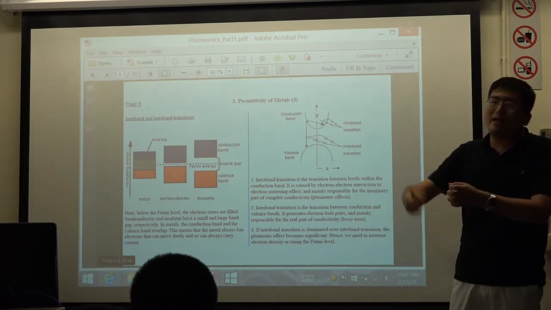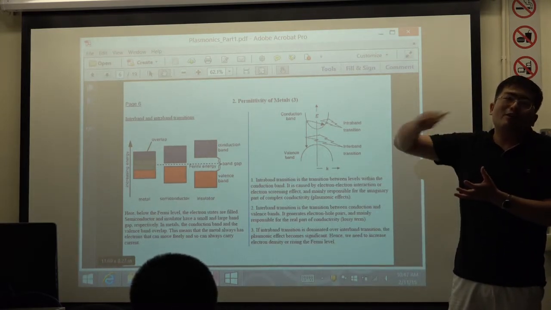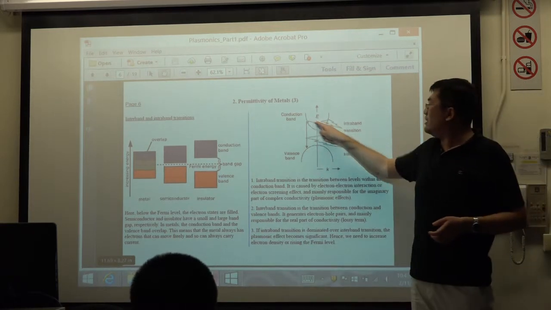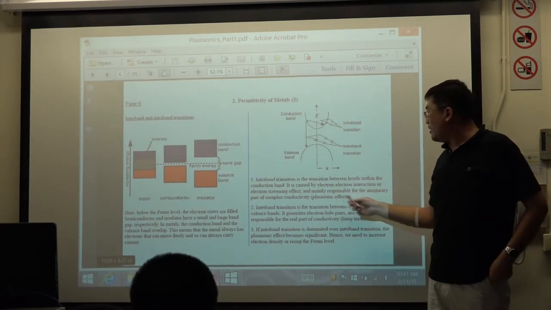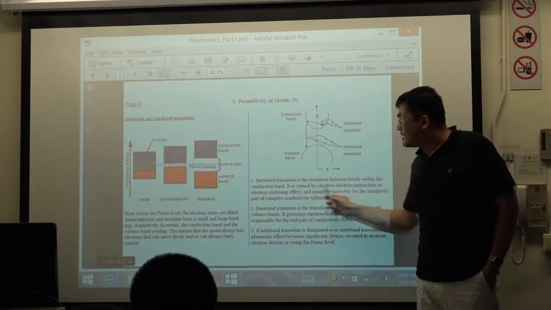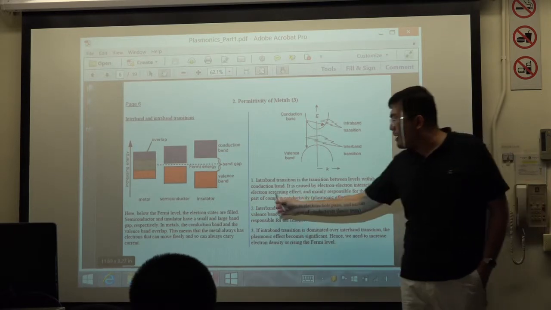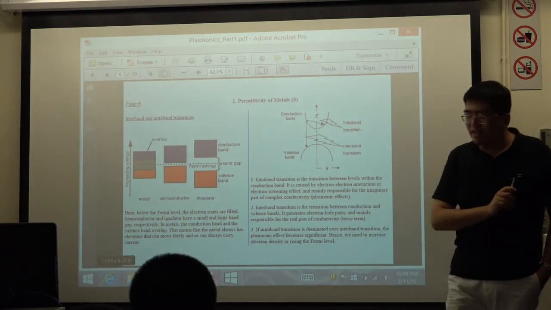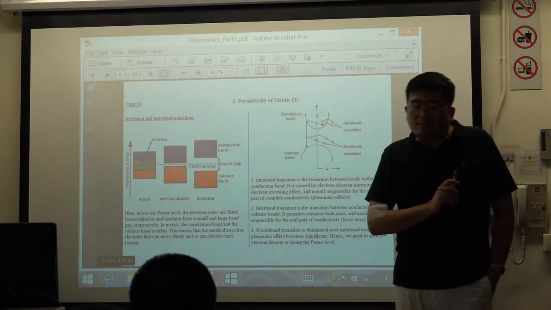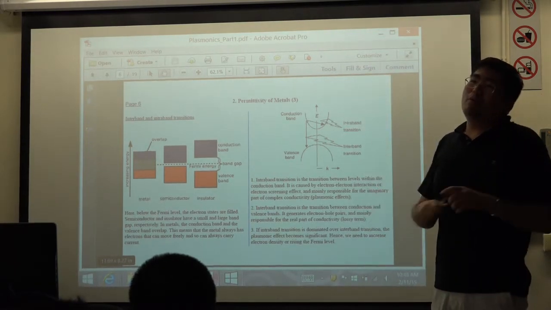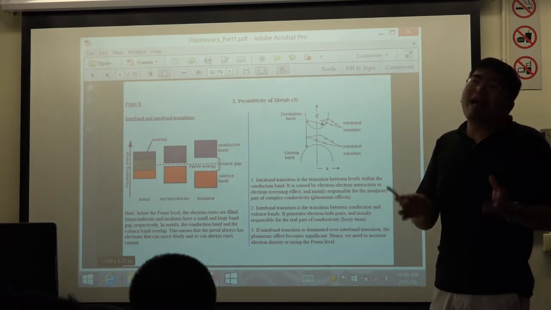That interaction is typically also coupled to some phonon. Phonon, we call it an acoustic wave. We couple them. This part is responsible for the plasmonic effect. It is mainly responsible for the imaginary part of the complex conductivity. Everything in metal uses conductivity, but complex conductivity.